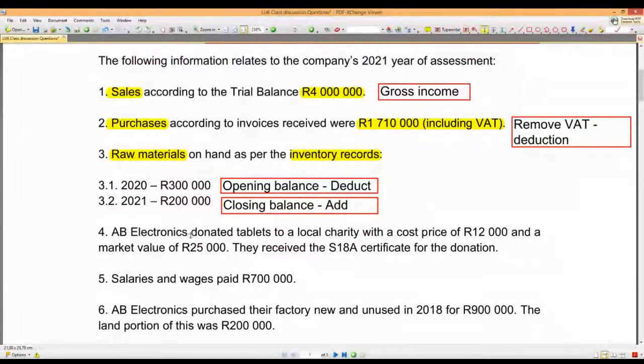Then we've got, we donated tablets to a local charity with a cost price of 12,000, a market value of 25,000, and we received the Section 18A certificate. Okay, now based on this information, at what value will we recoup the tablets that we've donated? Who can tell me at what value will the recoupment be?